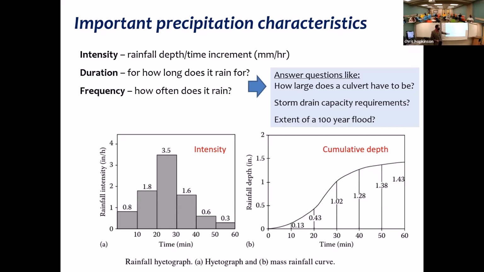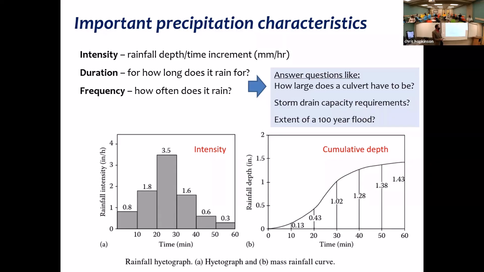In this example, these are 10-minute increments. So this gives you the intensity of the rainfall during that time period. And here we can see for that 10-minute period in the middle, the intensity was much greater, because we had 3.5 inches per hour in that period, whereas either side of it, we had a lower intensity.